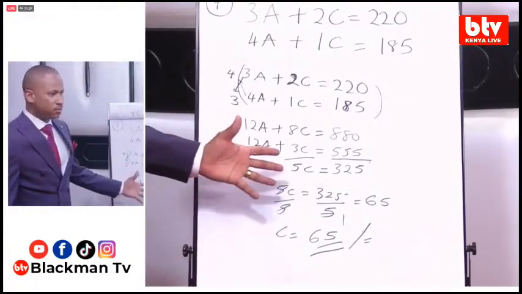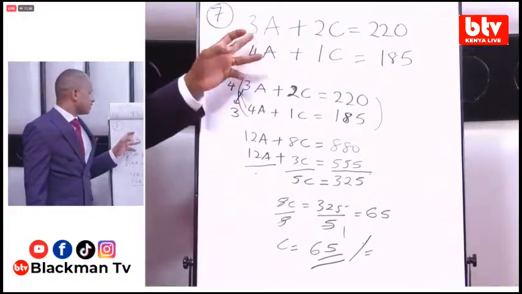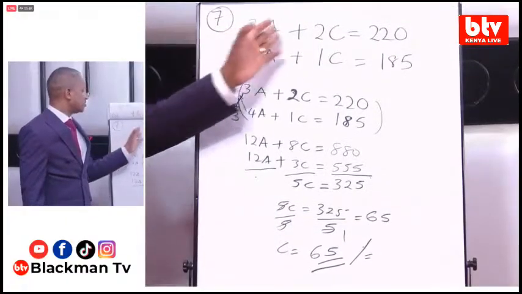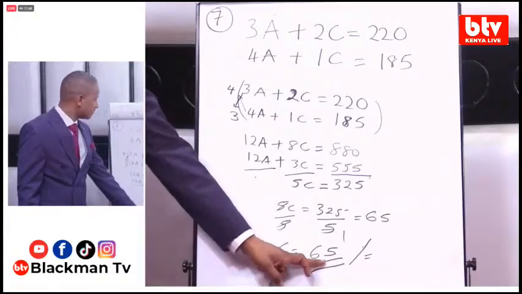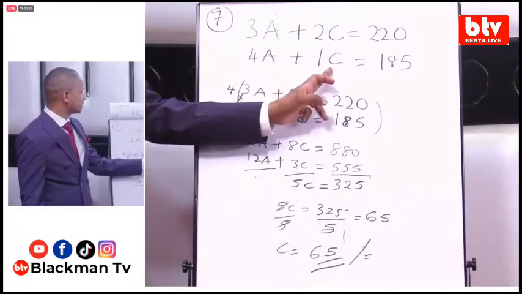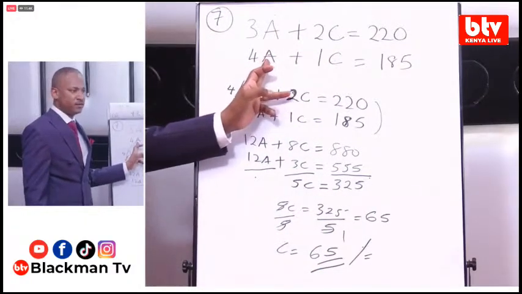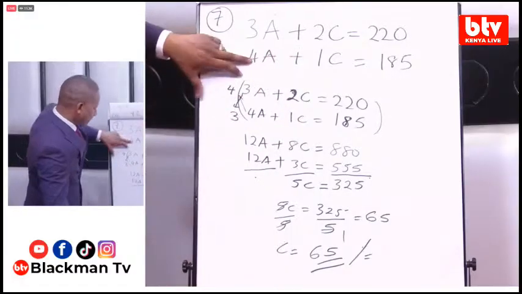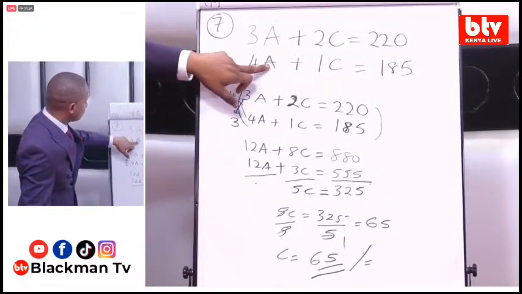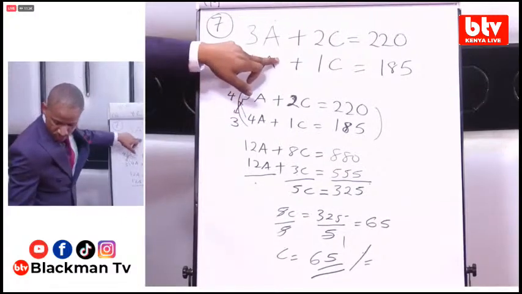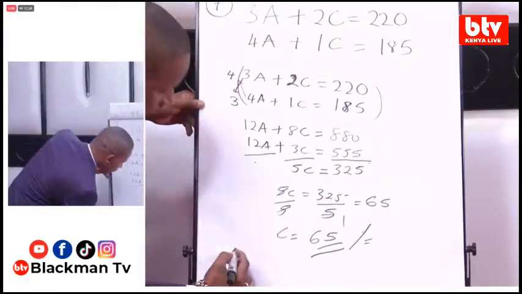That's all. If they wanted the amount of money that each is earning, then you substitute 65 where the C is, and then you get the value of A. So our answer is 65. But what if we wanted to know the amount of money earned by the artisan?